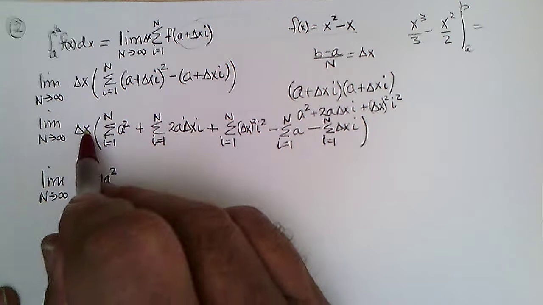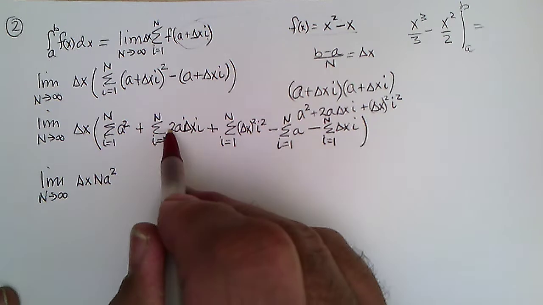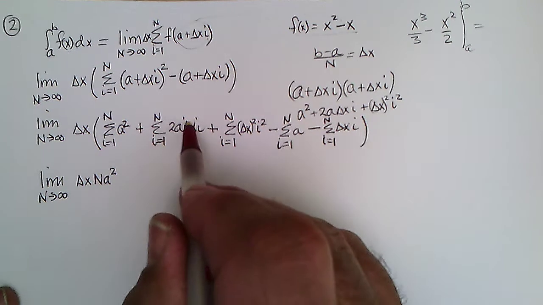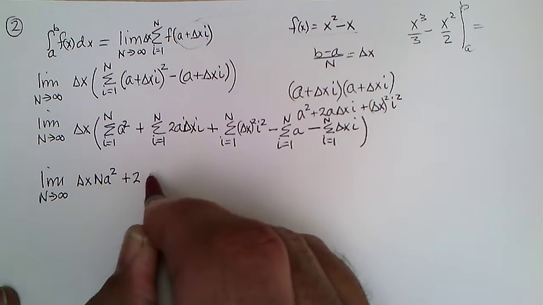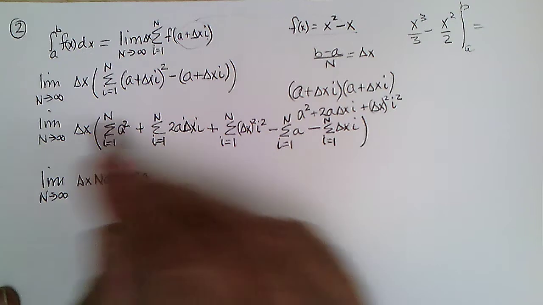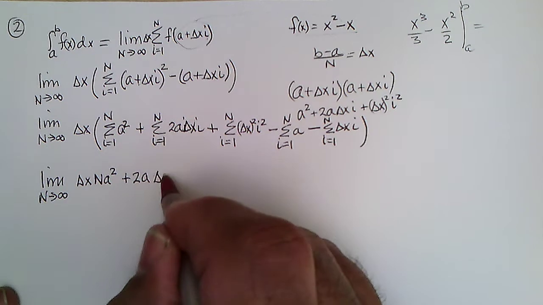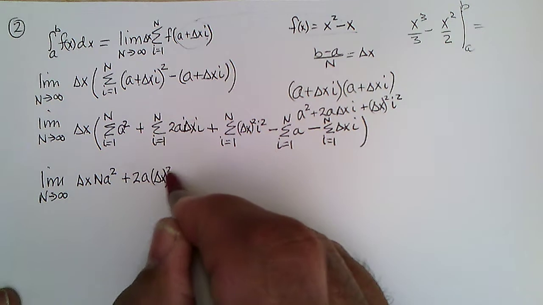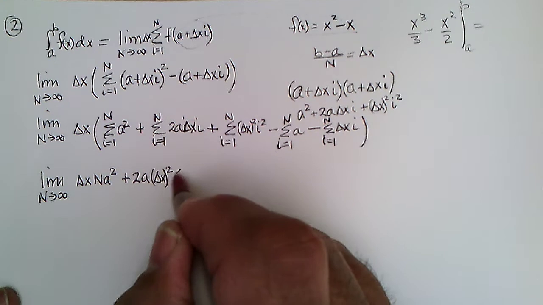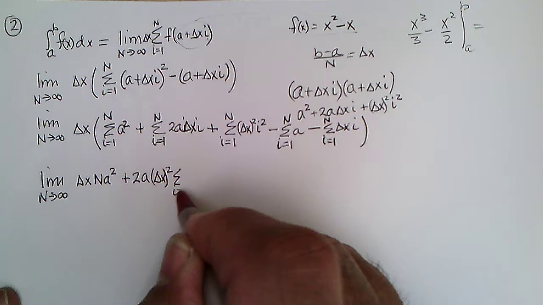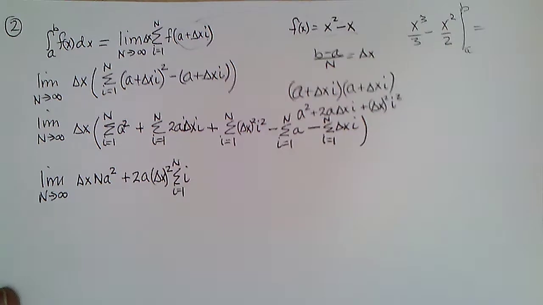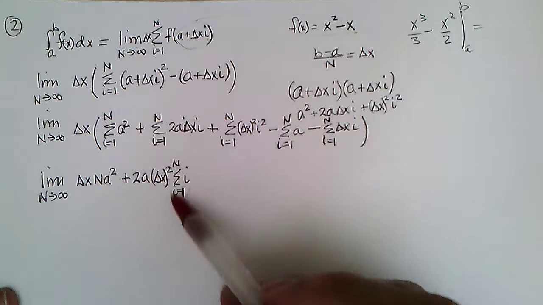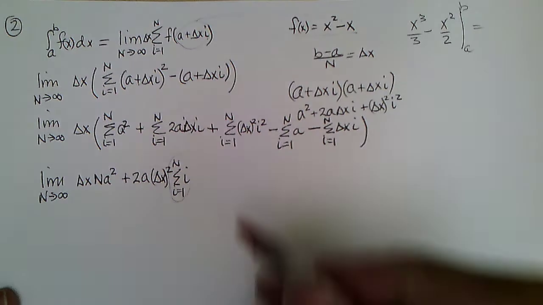Then we're going to have delta x times the 2a delta x, which is a constant that can be pulled out. So we're going to have plus 2a delta x squared times the sum as i goes from 1 to n of i. And we have a formula for this that I'm going to have to pull in here.